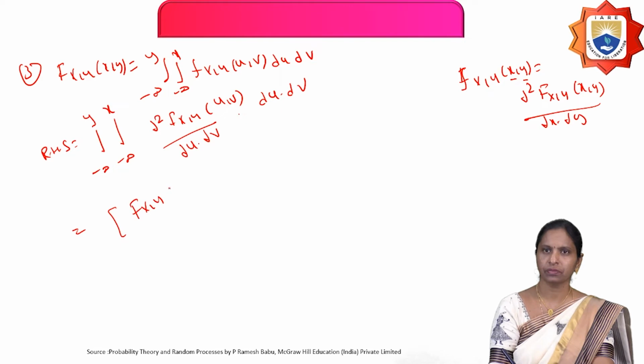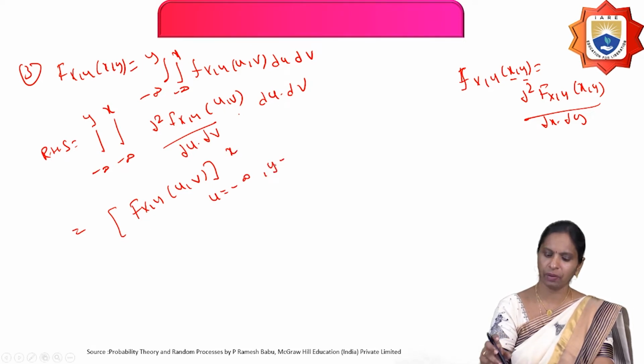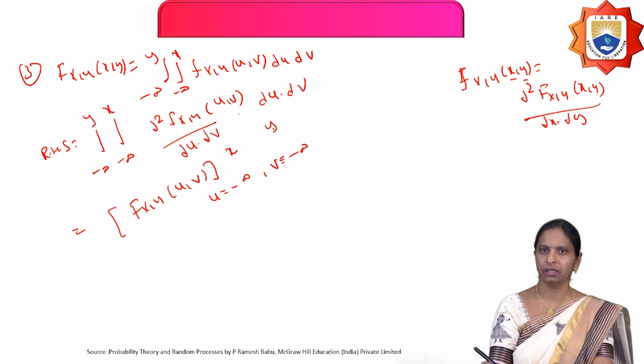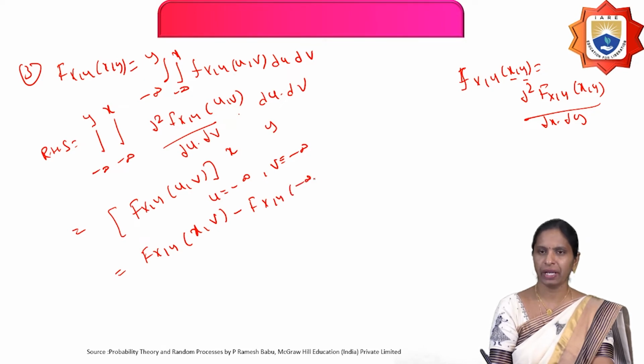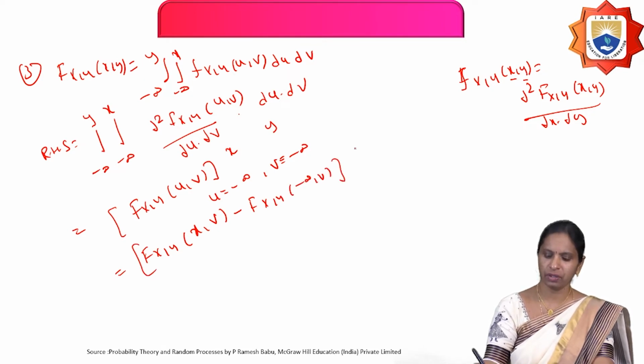F_XY(u, v) and the limits of u from minus infinity to x, and in place of y I have here v, therefore v is from minus infinity to y. So that equals what? F_XY of, what is the upper limit of u here? x. So x comma v, minus the lower limit of u, which is minus infinity, so minus infinity comma v, whereas the v limits are from minus infinity to y.